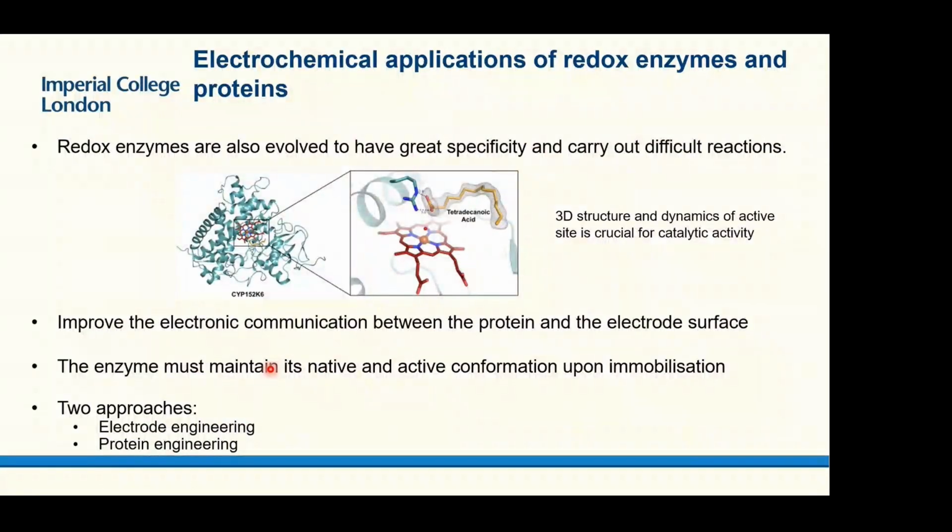The other aspect about redox enzymes is that the catalytic activity strongly depends on the specific geometry of the amino acids that surround the cofactor, and so the three-dimensional structure of the protein is extremely important for the catalytic function of the enzyme.